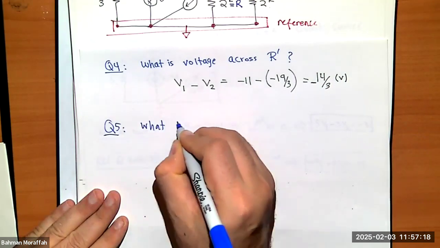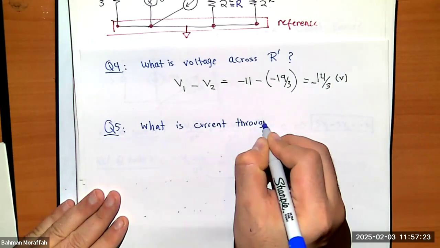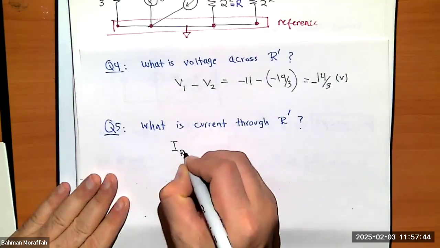What is the current through R prime? I know the voltage across it, so I can find the current through it. Let's just call it I of R prime.